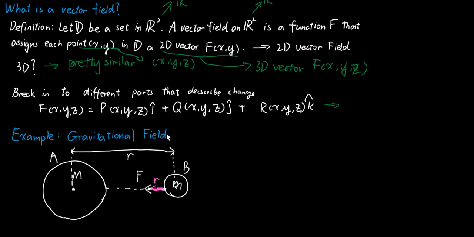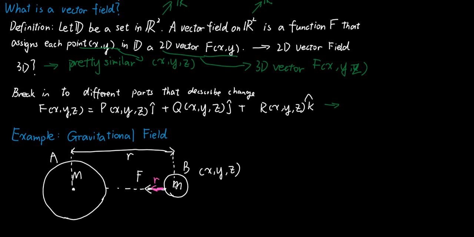Here's an example of a vector field, which is a gravitational field. Object A with mass capital M is at the origin, and object B with mass small m is attracted by A. The position of object B is (x, y, z).